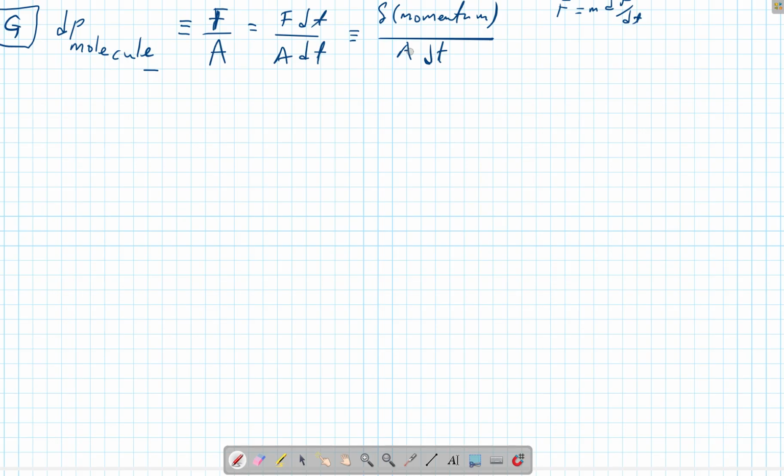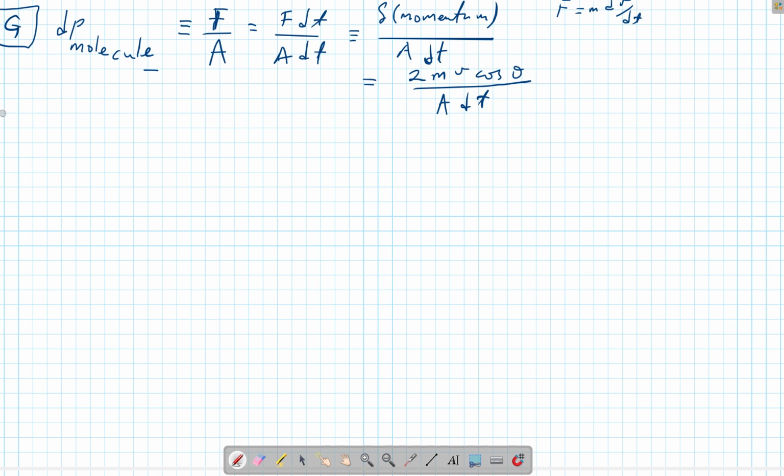It hits the wall, and we assume that it bounces back without losing energy. We have discussed that in previous sessions. Delta momentum is going to be 2m v cos theta, divided by A dt, right?